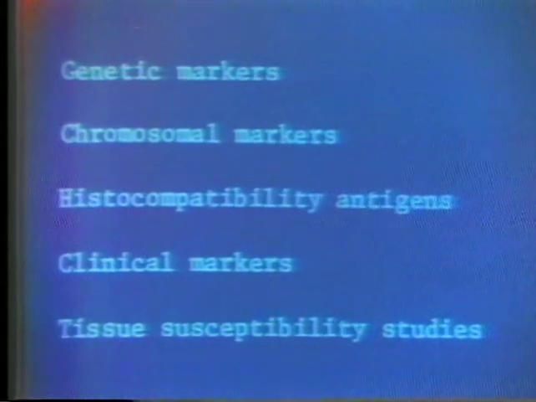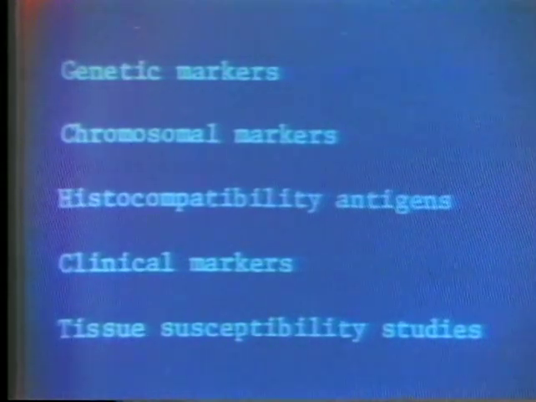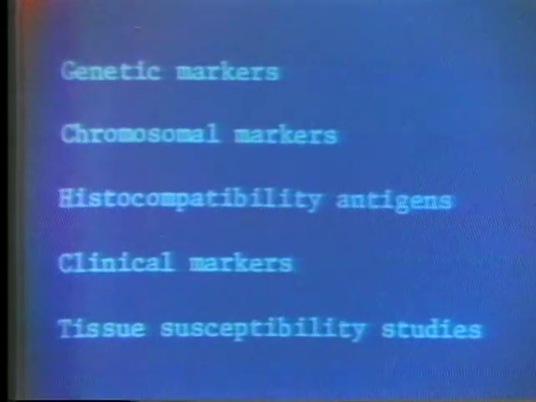Chromosomal markers, well, actually, this is a much broader field, including the whole field of cytogenetics, which has many, many applications, some of which are very useful and some of which are perhaps not so useful.